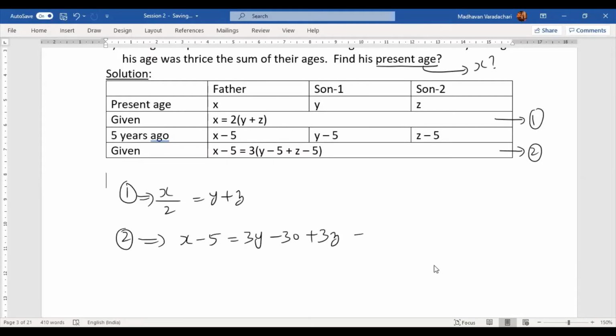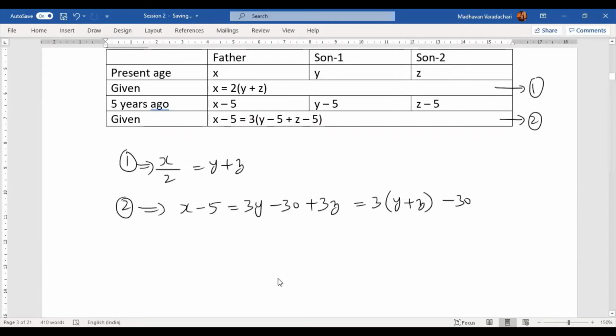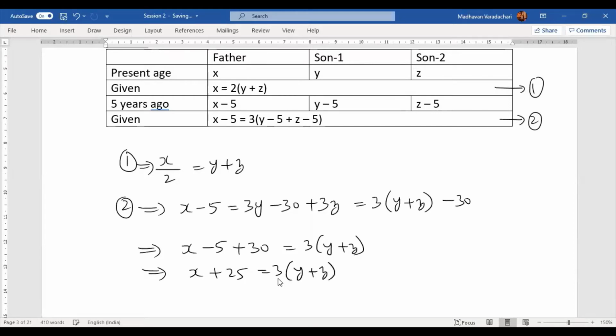So I can write this as 3 times y plus z minus 30. Bringing the negative 30 to the left side, it becomes positive 30. This is x plus 25 is equal to 3 times y plus z.